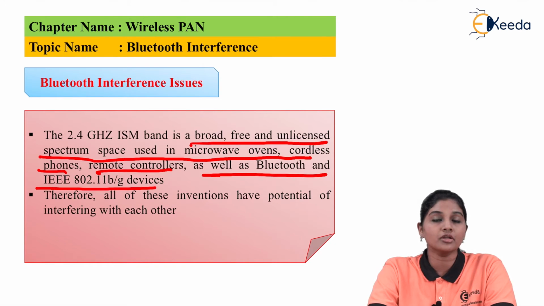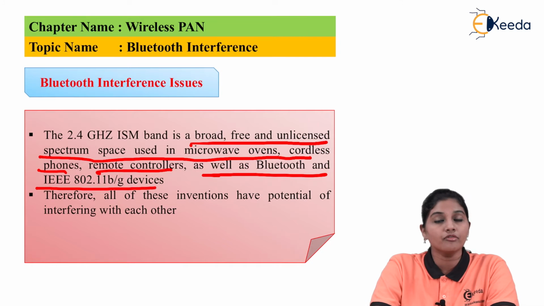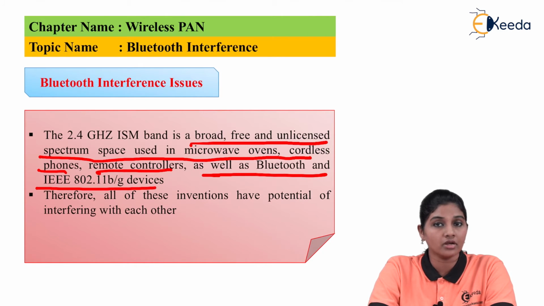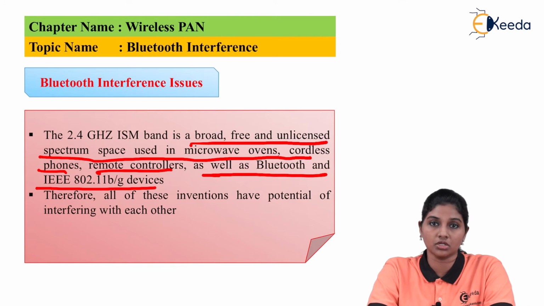The household equipment includes the microwave oven, the electronic equipments include cordless phones and remote controllers. Also, the IEEE 802.11b and 802.11g standards use the same band of frequency. Therefore, all these equipments or standards may cause interference with each other or with Bluetooth technology.